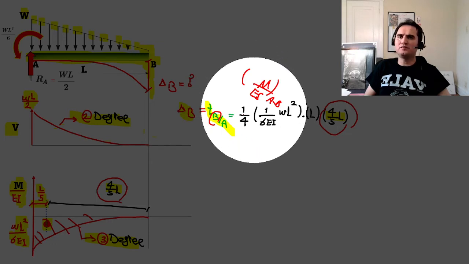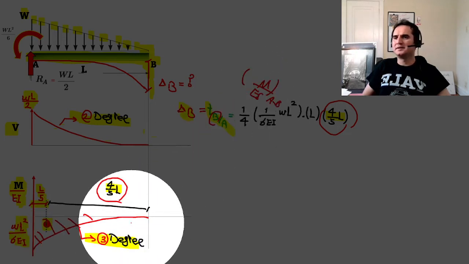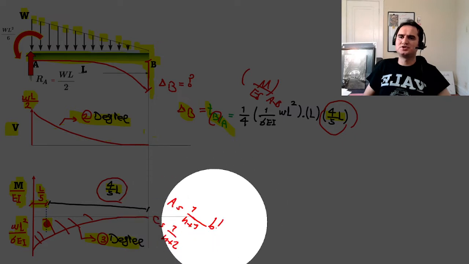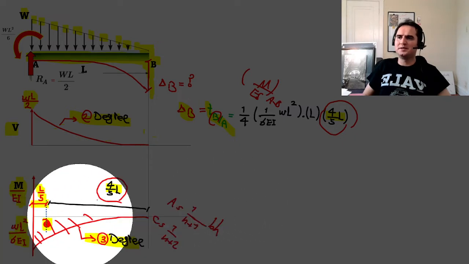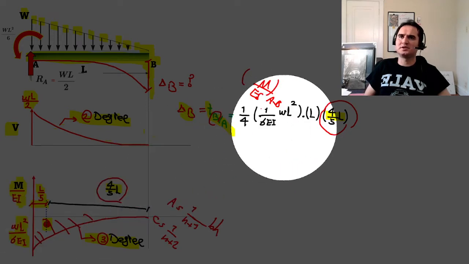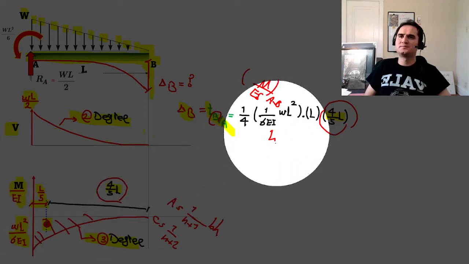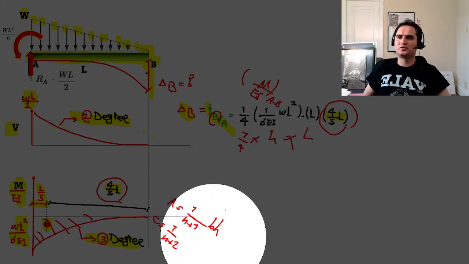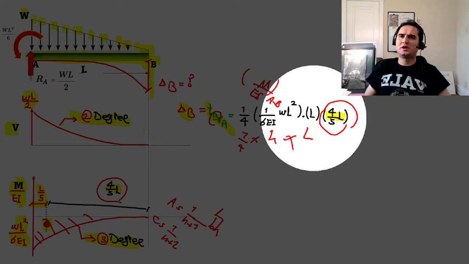For a third degree curve, the area is 1 over n plus 1, that's 1/4 of BH, and the centroid is 1 over n plus 2. So our B is L, and our H is WL squared over 6EI. That's 1/4 of BH, times x bar.